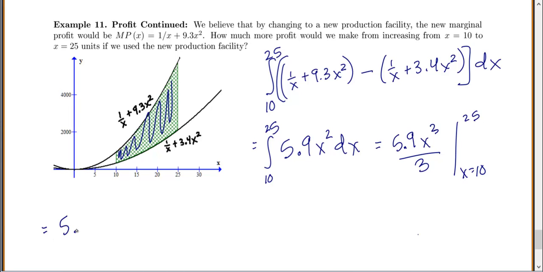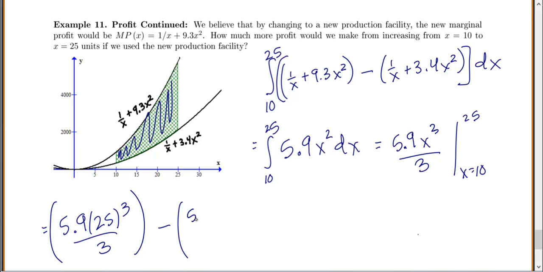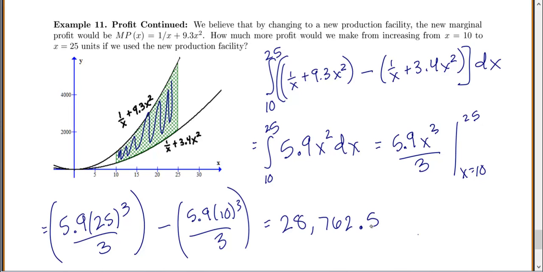So we'll have 5.9 times 25 cubed over 3 minus 5.9 times 10 cubed over 3. Or 28,762.5. That would be, again, the difference in the total profit if I switch to my new facility.